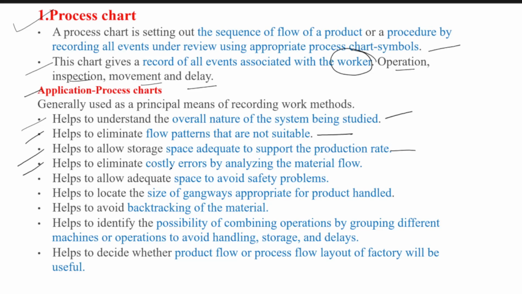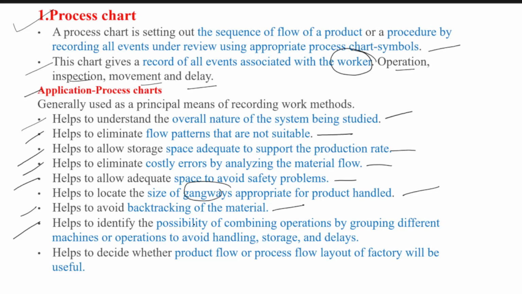It helps to eliminate costly errors by analyzing the material flow, and it helps to allow adequate space to avoid safety related issues. It helps to locate the size of gangways appropriate for product handling. It helps to avoid the backtracking of the material. Backtracking is a very big issue in manufacturing organizations.